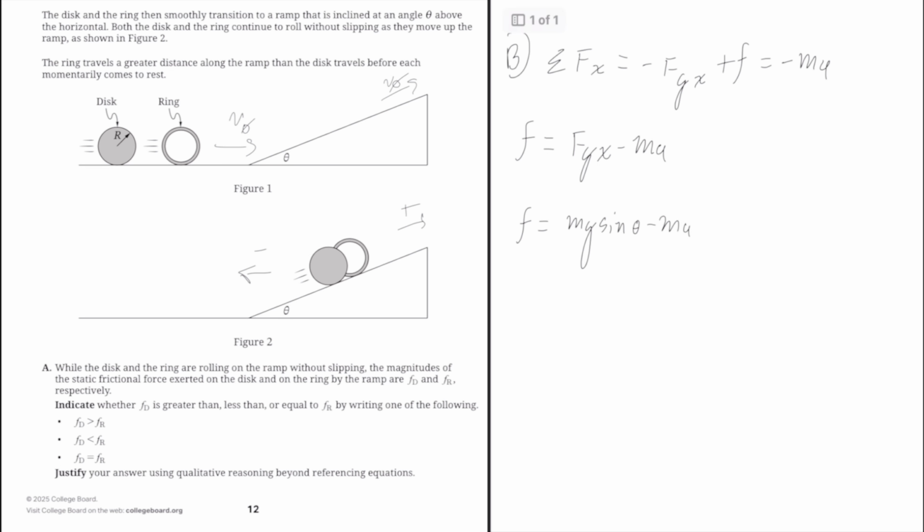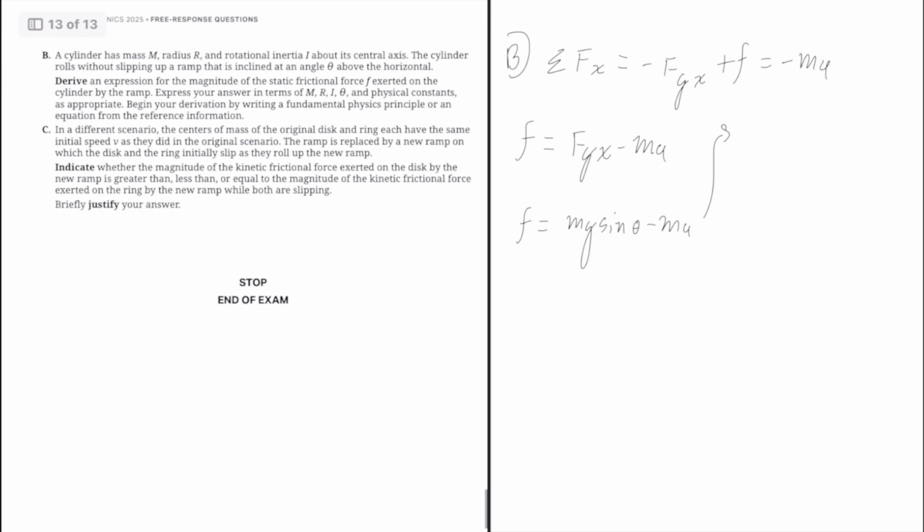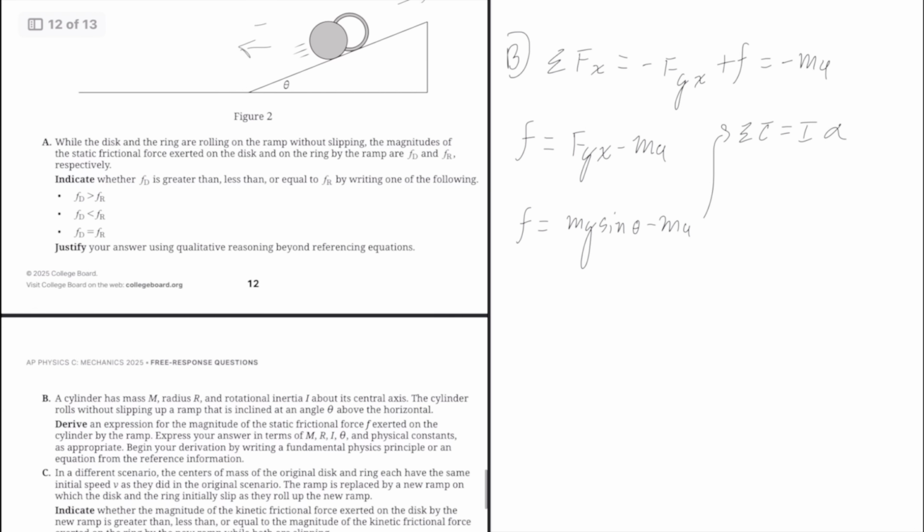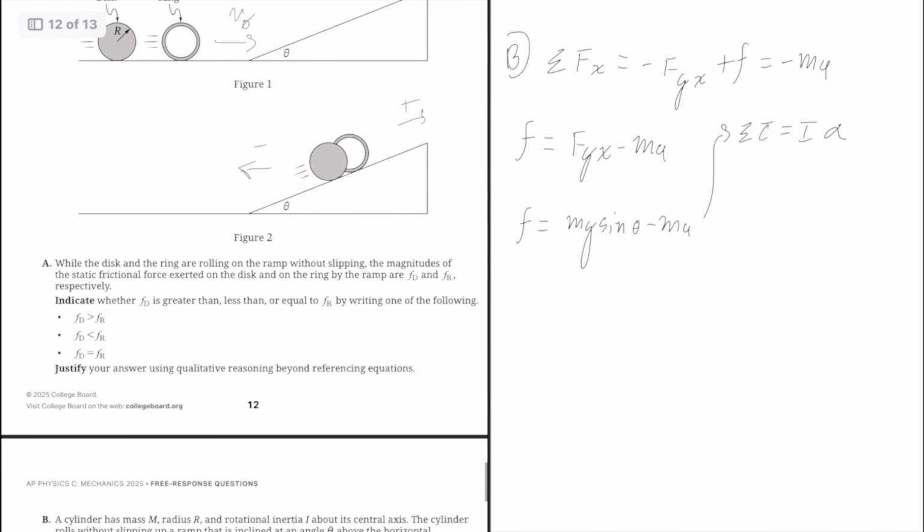So now I'm going to use torque to get what a is, because I'm allowed to use g sine theta, m, and everything else, but I'm not allowed to use a. So I'm going to use tau equals I times angular acceleration. And I'm going to define the direction of positive angular acceleration to be that way, just so I don't have any confusion.